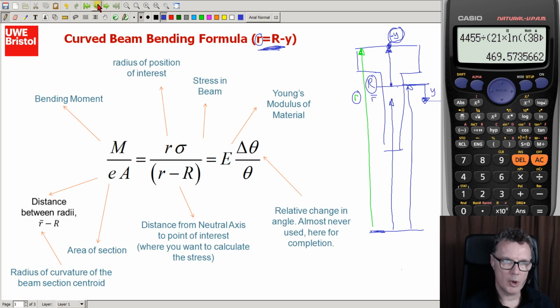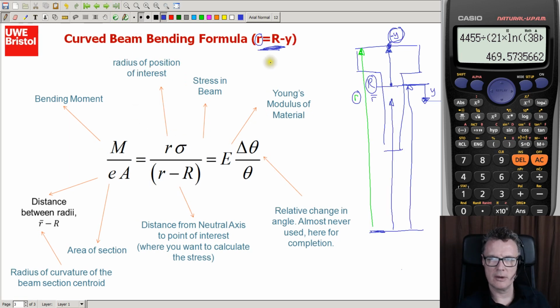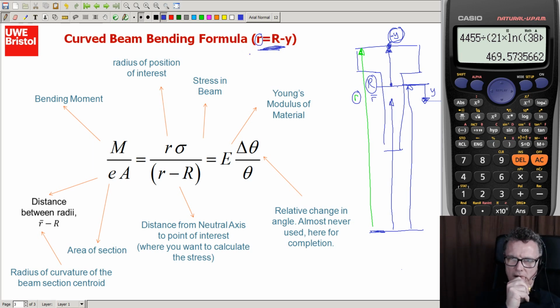And then on bottom, we've got little y there. So little y we're going to replace with r take away... have I gone wrong with my signs? I think I have.